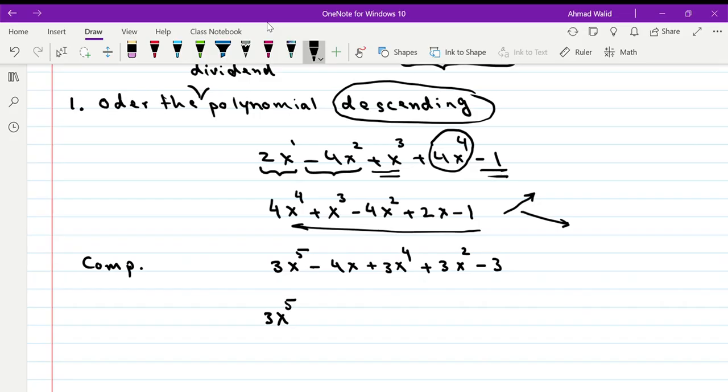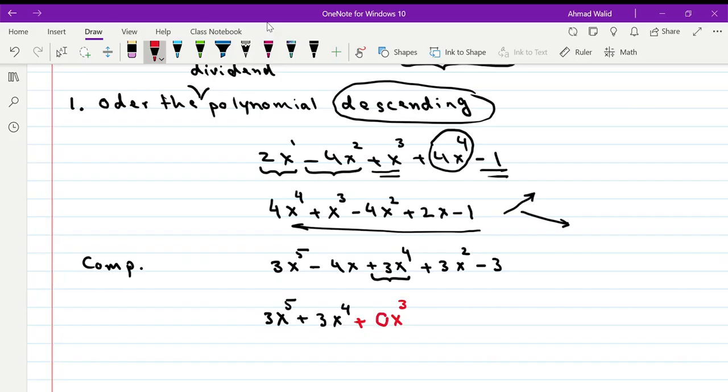After 5, I have to bring 4, right? Plus 3x to the power of 4. And after 4, I should have 3, but there is no power of 3. What you do, add that power, x cubed, to not change the value of the polynomial.